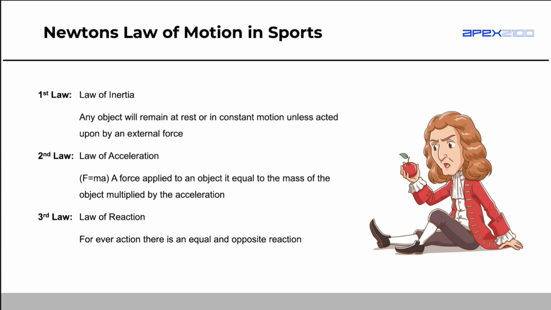Newton's second law is the law of acceleration. Force equals mass times acceleration. That's our formula there. So a force applied to an object is equal to the mass of the object multiplied by the acceleration. It tells us that heavier objects need a larger force to move them, basically. Lighter objects need a smaller force to move them.